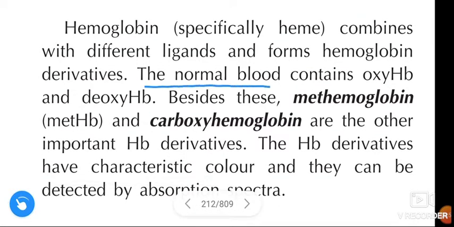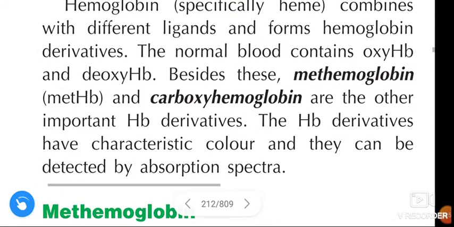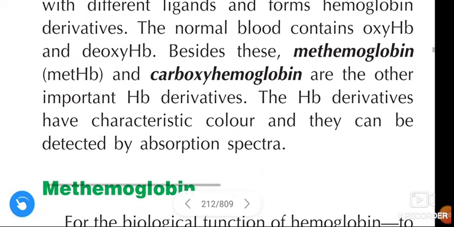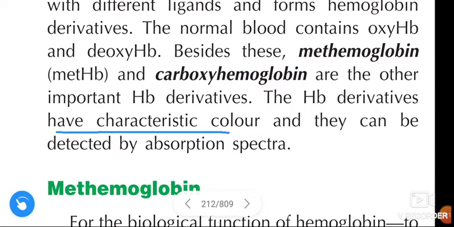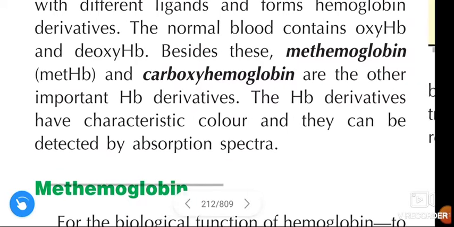The normal blood contains oxyhemoglobin and deoxyhemoglobin. Besides these, methemoglobin and carboxyhemoglobin are the other important hemoglobin derivatives. The hemoglobin derivatives have characteristic color and they can be detected by absorption spectrum.